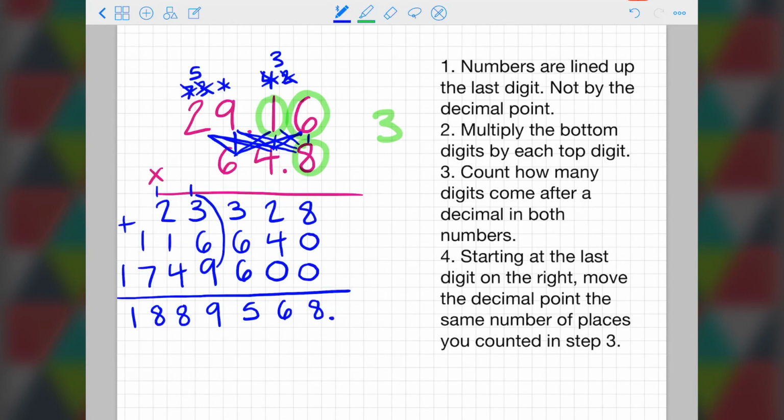Starting here, we're going to move it 3 places. 1, 2, 3, right here. Wow, and that's still a pretty big number, even when we move the decimal point in. So I have 1,889 and 568 thousandths. This is my thousandths place all the way out here.